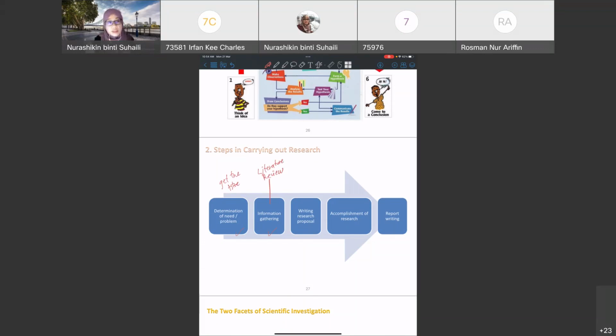Once you have the information, you write the research proposal. This is FYP1. You have to write a research proposal and present it orally, an oral presentation in 10 minutes.